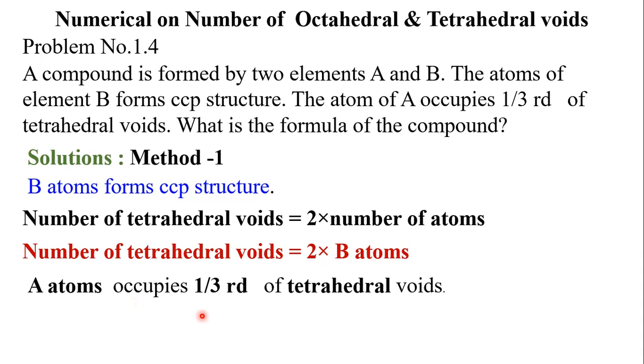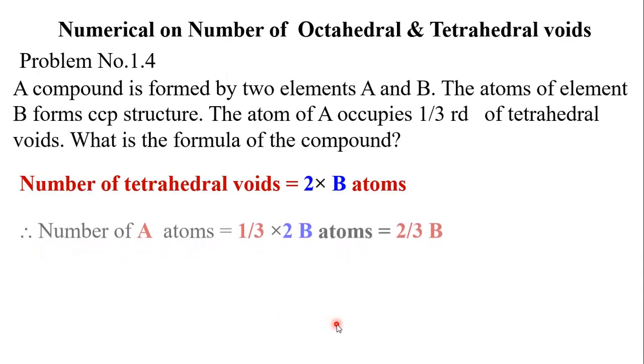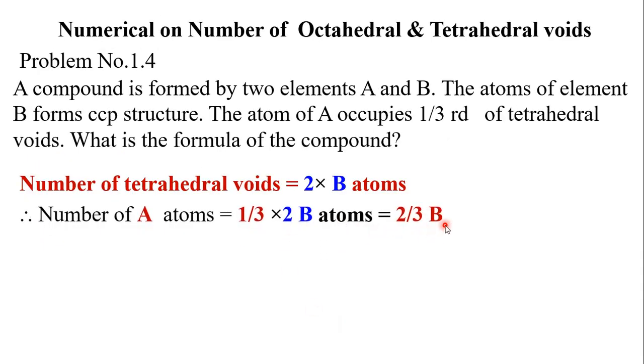And you know that A atoms occupy 1/3 of tetrahedral voids. We have found the number of tetrahedral voids as 2 into B. So 1/3 of this is occupied by A atoms, and therefore number of A atoms is equal to 1/3 into 2b, that is equal to 2/3b.